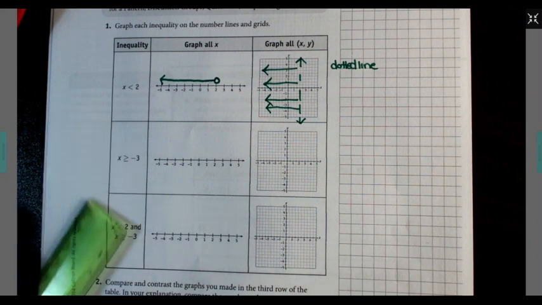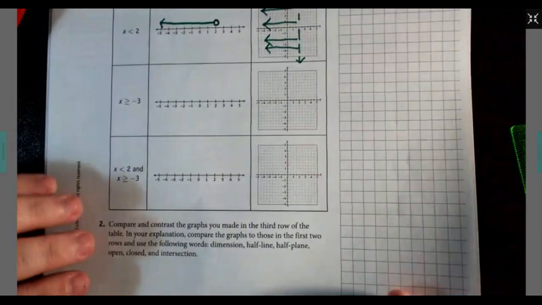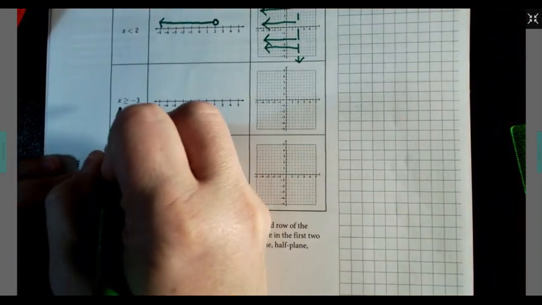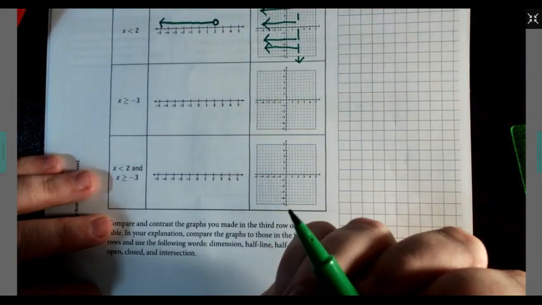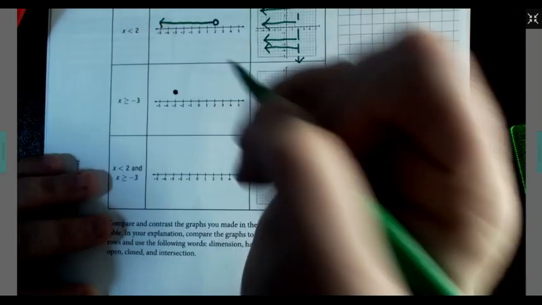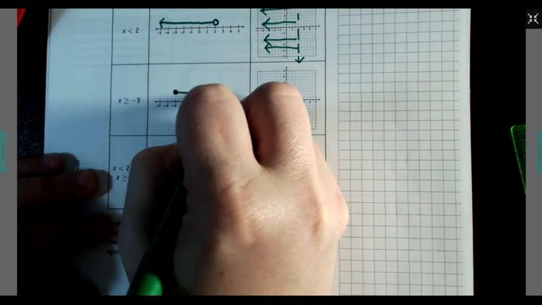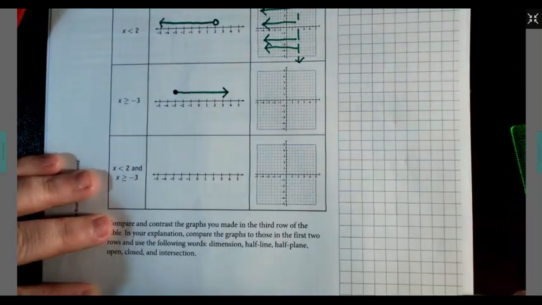Let's talk about the second option. We have x greater than or equal to -3. So we're going to have a closed circle at -3, and all the numbers bigger than it are on the right side.